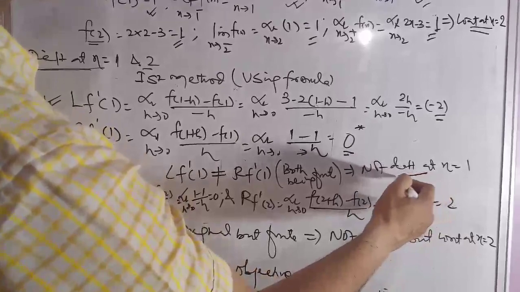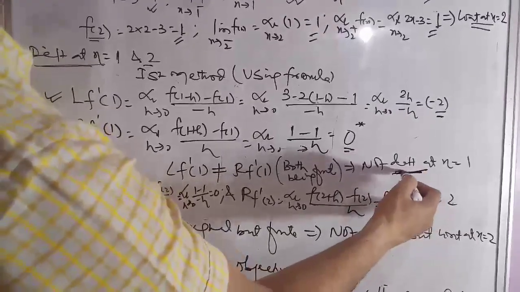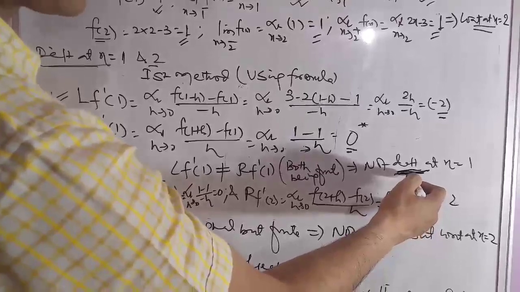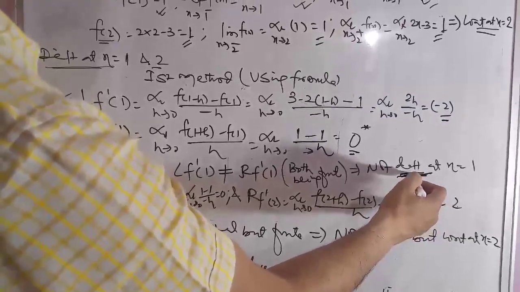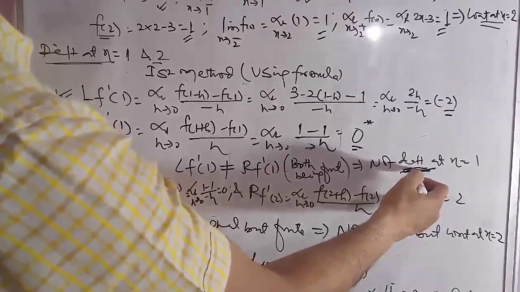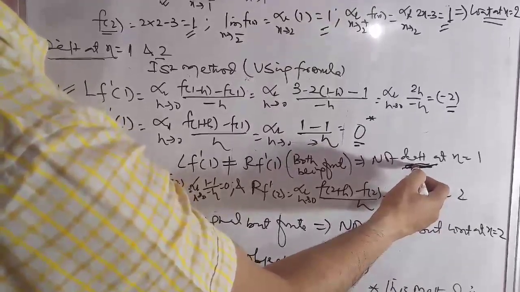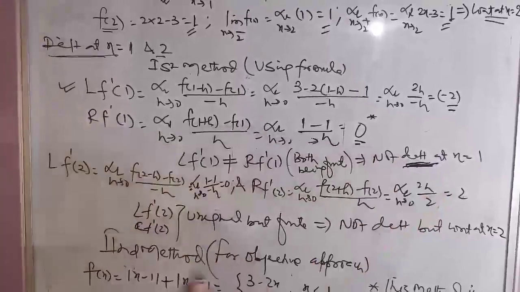We have the result that if a function is not differentiable at a point, in such a case it may or may not be continuous. If LHD and RHD both are finite and unequal, then the function will be continuous at that point.